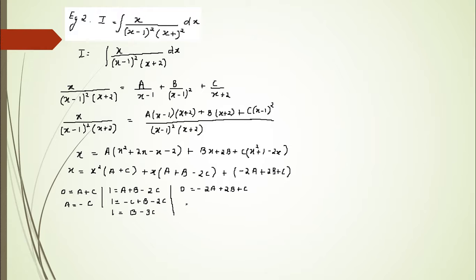Now I will put a is equal to minus c, so I get 0 is equal to minus 2 into minus c plus 2b plus c, so that gives 0 is equal to 2c plus 2b plus c, therefore 0 is equal to 3c plus 2b.